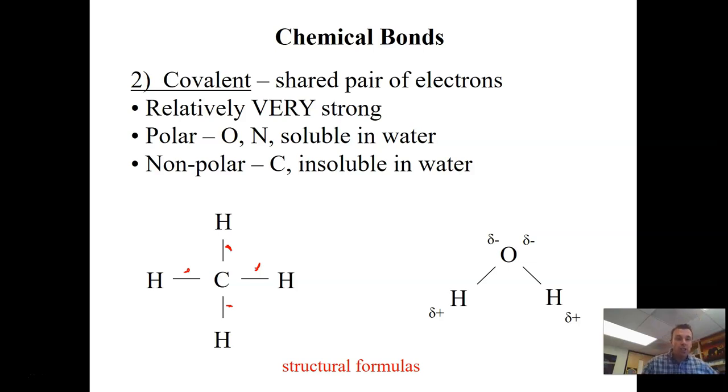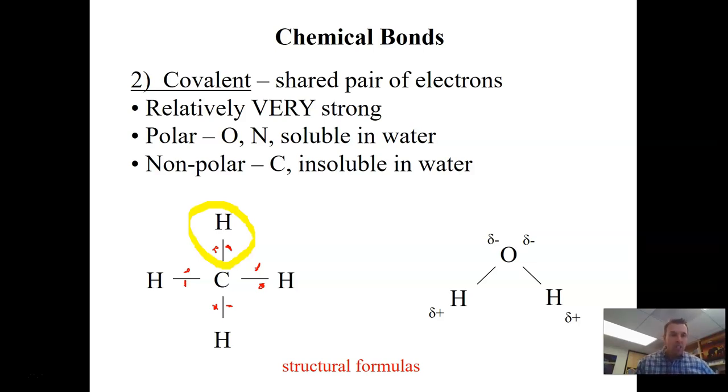Now, each of these hydrogens brought their own electron. So this one was from hydrogen. This one was from hydrogen. This one was from that hydrogen. And this one was from this hydrogen. So now, if carbon is sharing those electrons with hydrogen, each of these hydrogens basically has 2 now, because it's sharing that one that came from carbon.